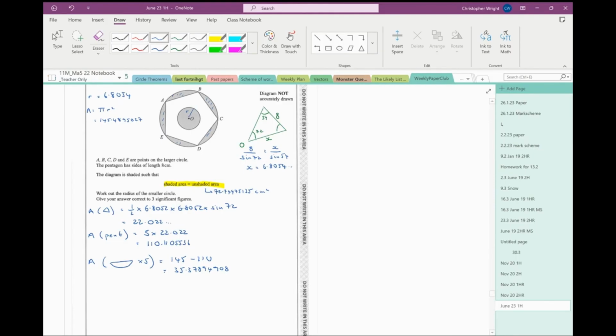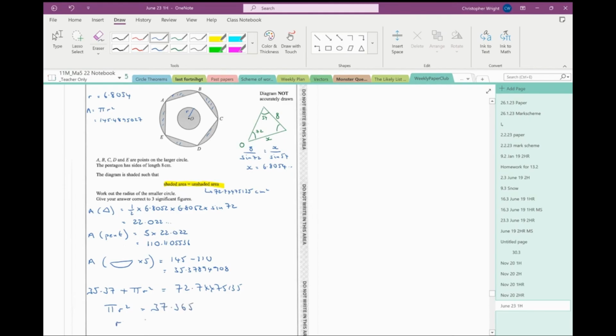So I know that the area of my 5 shapes I've just found plus the area of my inside circle, my small circle, has to equal 72.74475135, which tells me that the area of my circle must be 37.365.